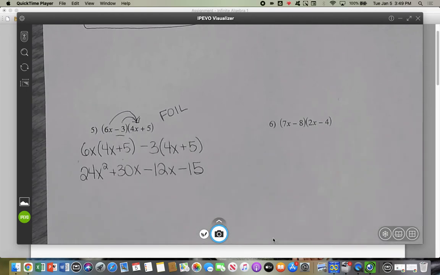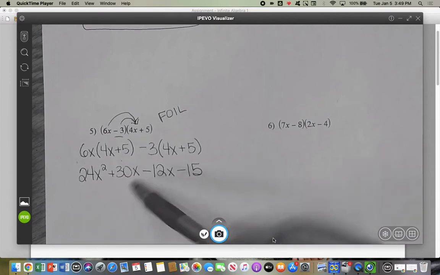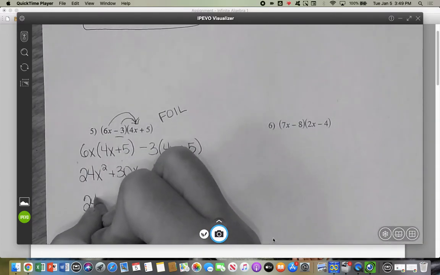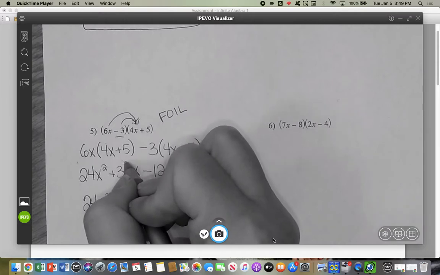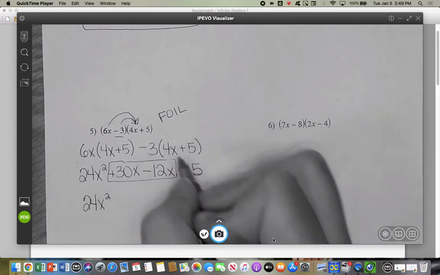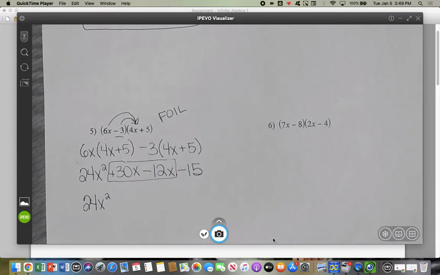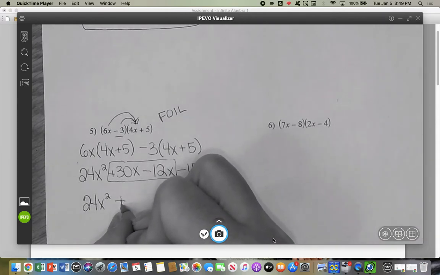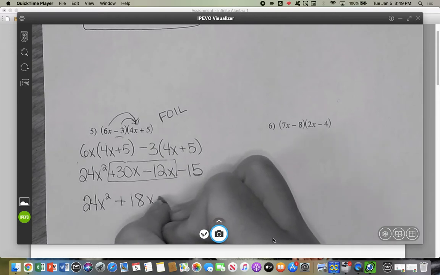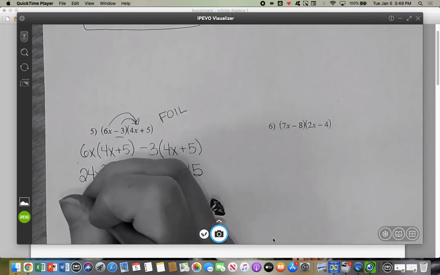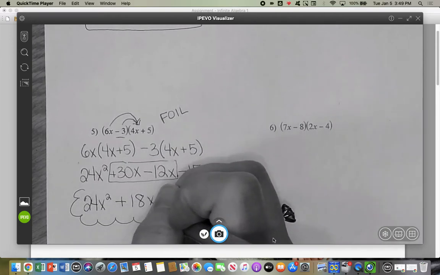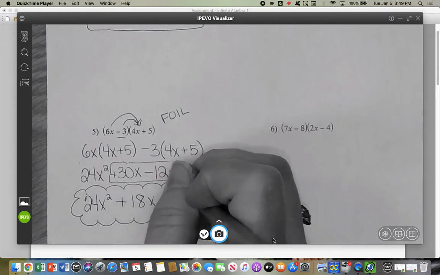And then on this one, the x squared stands alone. So I bring that down, 24x squared. But this 30x minus 12x, since those have the same variable and exponents, we can actually put those together, and 30 minus 12 gives me 18x, and then I bring down my minus 15. Now this here is my final solution.